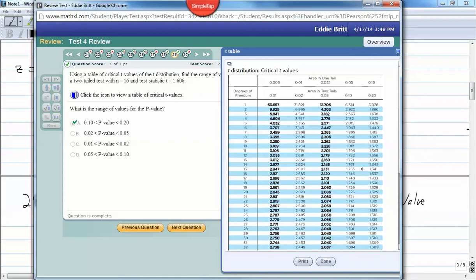So we're right here between these two columns. Now, we were told that it was two-tailed, so when we go up here, we look at the area in two tails. So we got 0.10, 0.20. So we're right here in between. It's going to be greater than 0.10, less than 0.20.